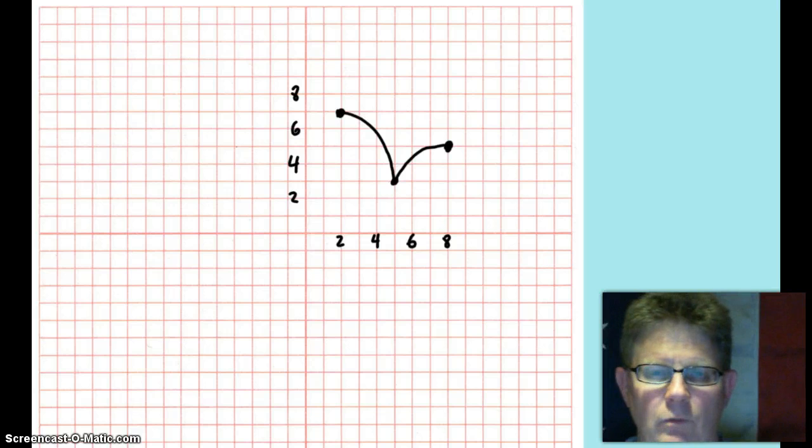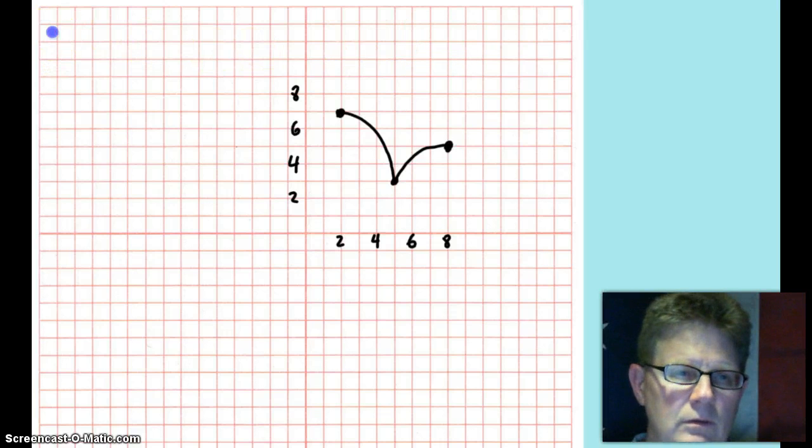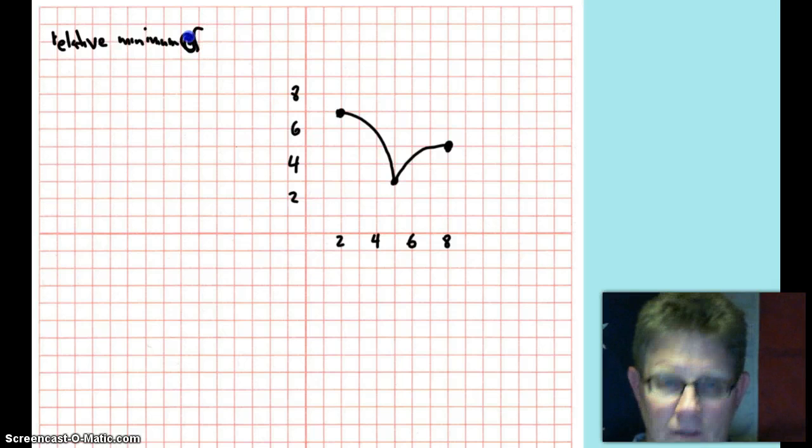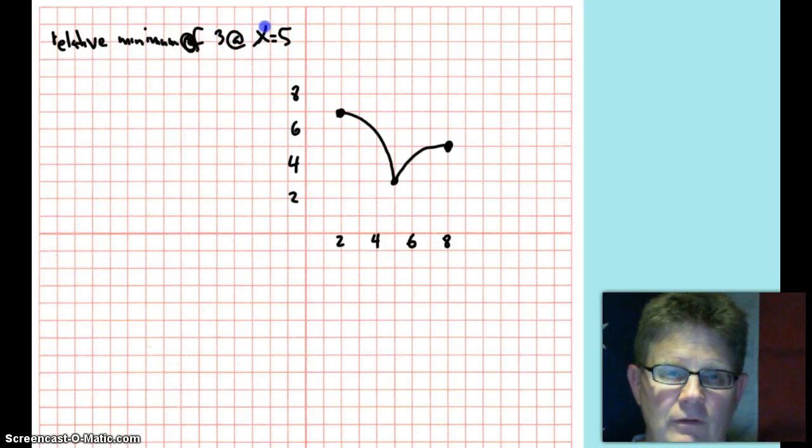Okay, we have a relative minimum of 3 at x equals 5.